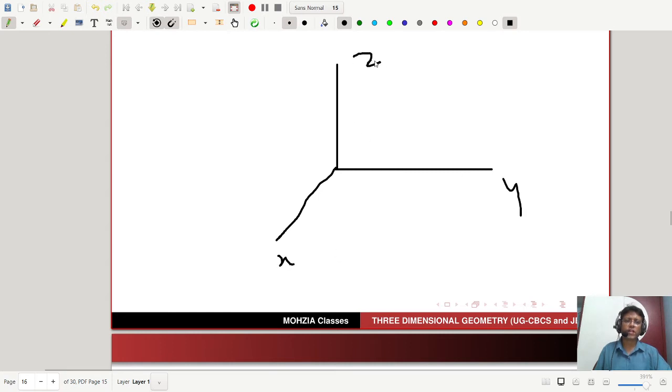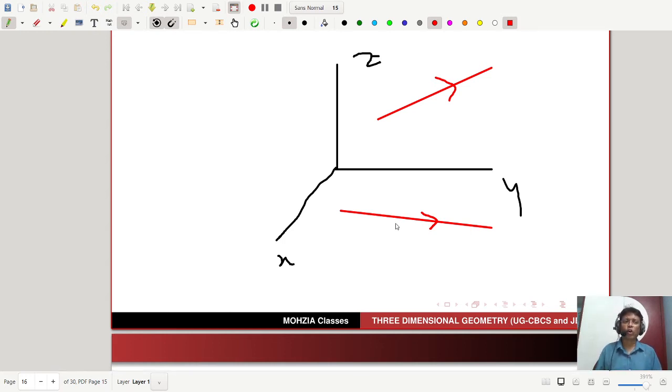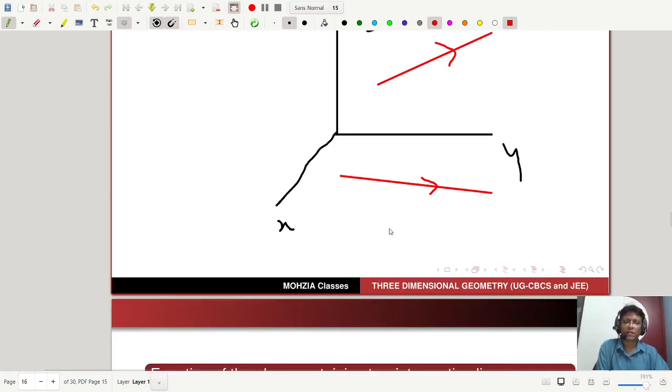And this is your yz plane. If I consider two lines, one in the yz plane and another in the xy plane, they will not intersect because they lie in different planes, and these lines are called skew lines. If they lie in different planes, they will never intersect. So they will intersect only if they lie in one plane, right?